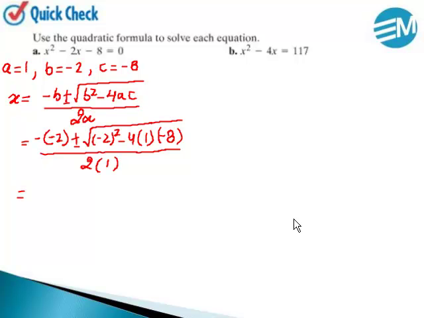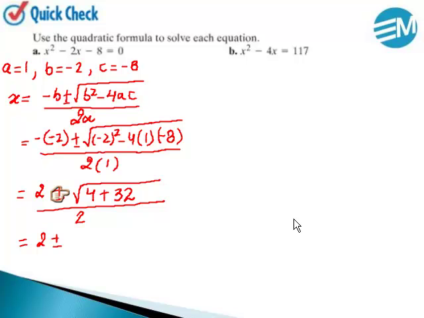Negative of negative 2 is positive 2, plus or minus the square root of 4 minus negative 32, and negative and negative go over to be positive. So we will have 2 plus minus square root of 36.